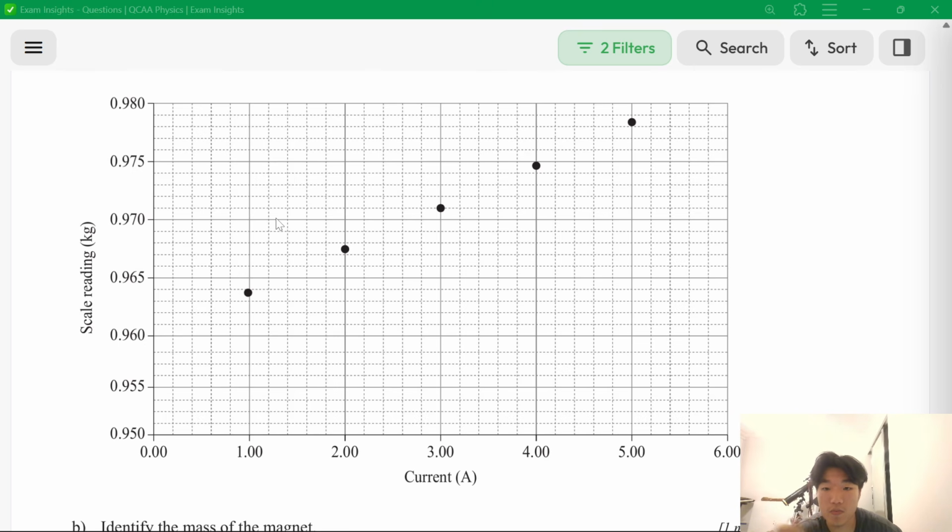The gradient, hmm. No, we do, right? F equals ma to convert the mass into a force, right? Okay.